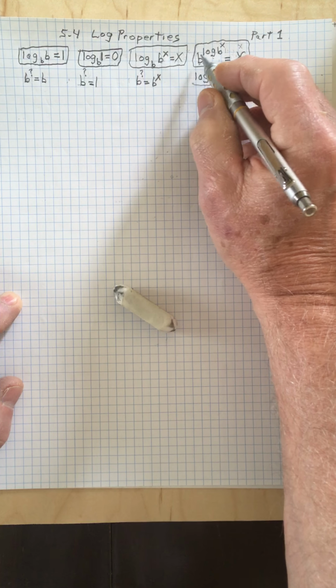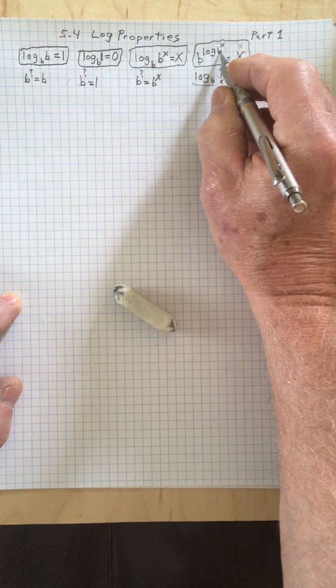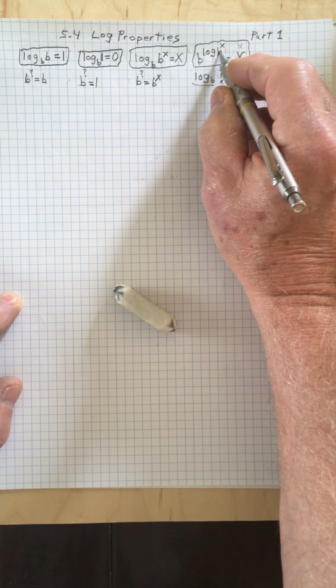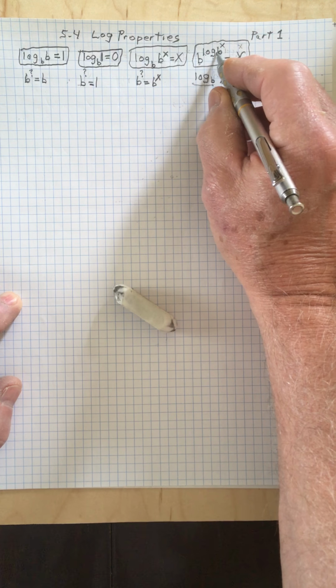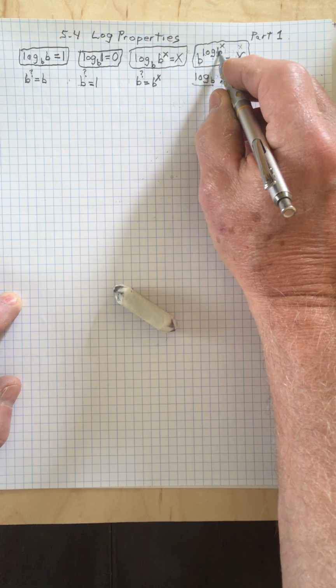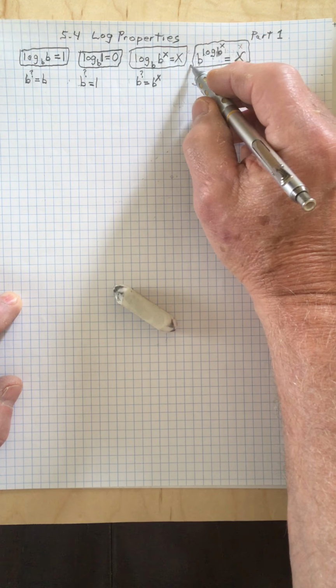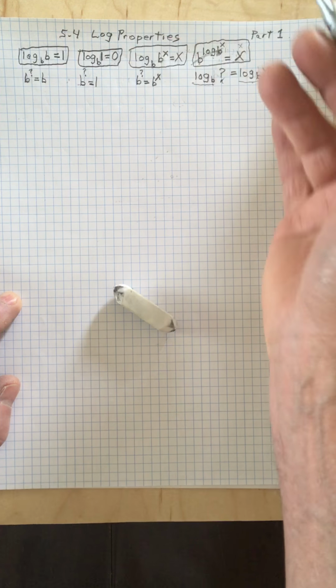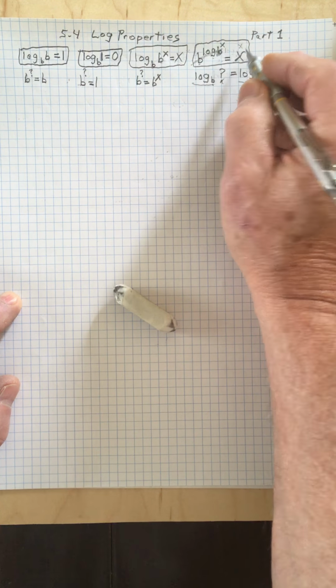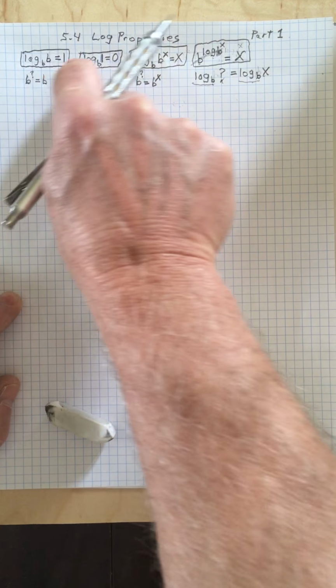When you have a base raised to the log of the same base, again the log and the base cancel as long as they're the same. So it's just x. So here are your rules.